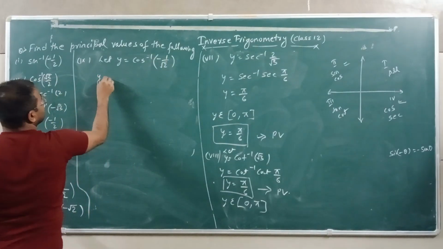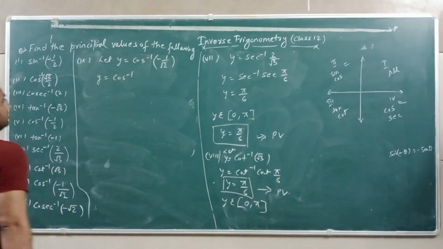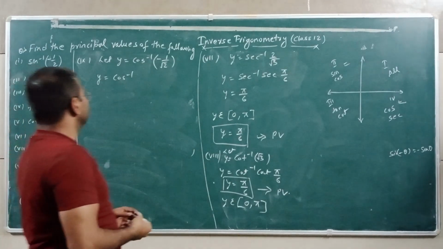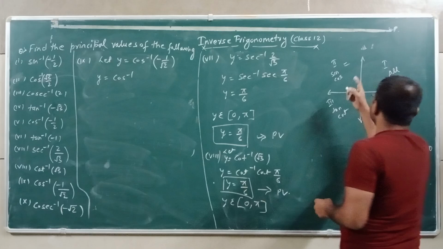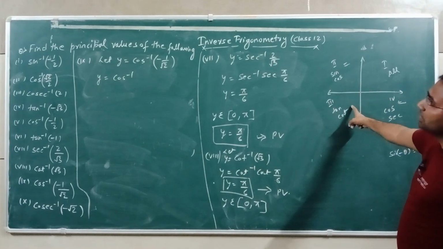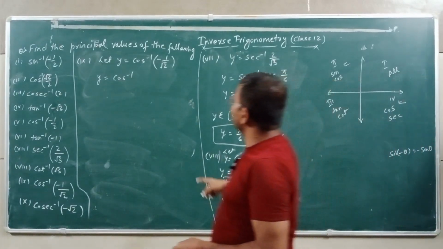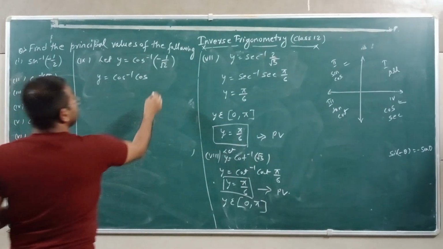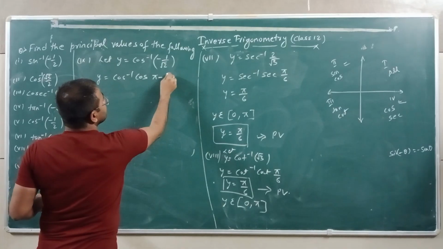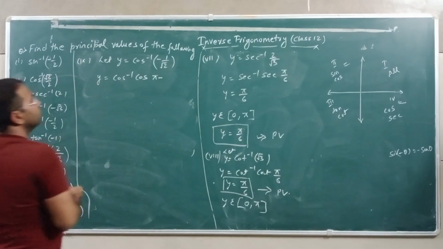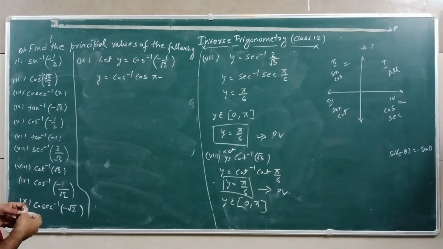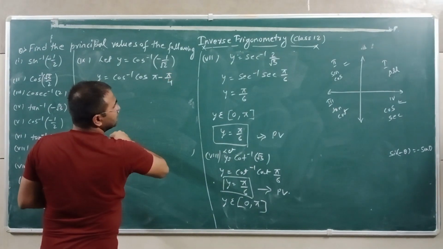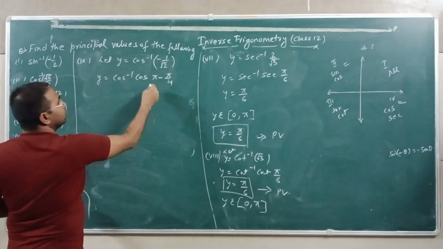Now for getting the negative value of cos, the angle should lie in the second quadrant and in the third quadrant. So this can be written as cos for the second quadrant, pi minus, 1 upon root 2, the value is of 45 degree, and 45 degree can be written in radian form as pi upon 4. So for the second quadrant you will write pi minus pi upon 4.